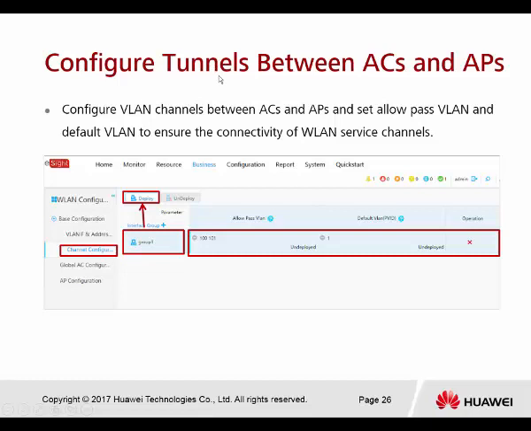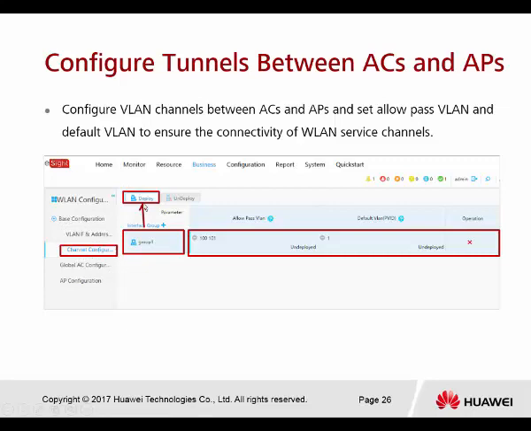Configure the channel between AC and AP. Configure the WLAN channel between AC and AP and set allow-pass WLAN and default WLAN to ensure the connectivity of the WLAN service channel. This one is inside the base configuration, channel configuration.